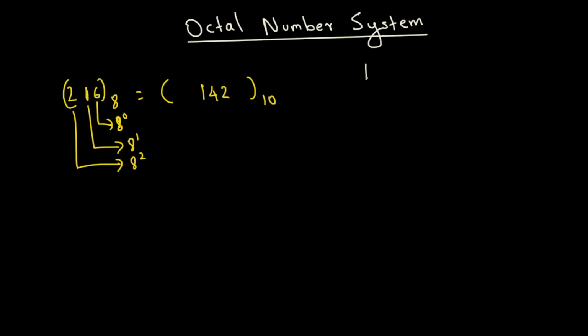Here we have 142, and if I divide by 2, that is 71, and there's no remainder, so the remainder is 0.